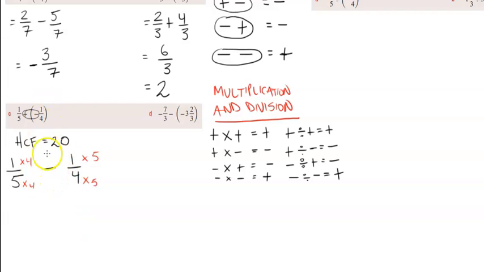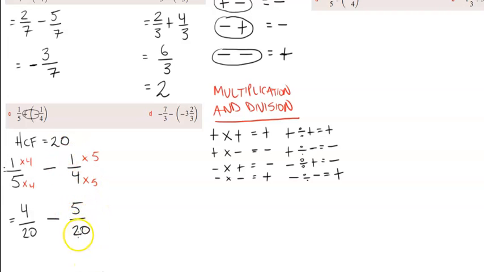So we've multitasked our steps here. Let's just write this next step to see what we end up with. This will be 4 over 20. 1 times 4 is 4, and 5 times 4 is 20. Take away 5 over 20.